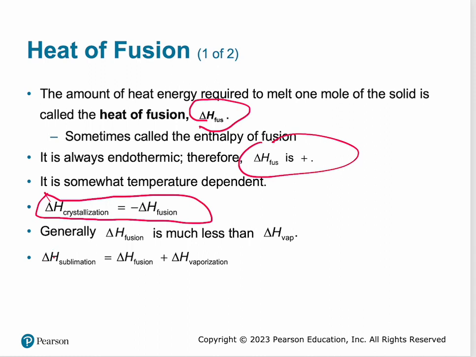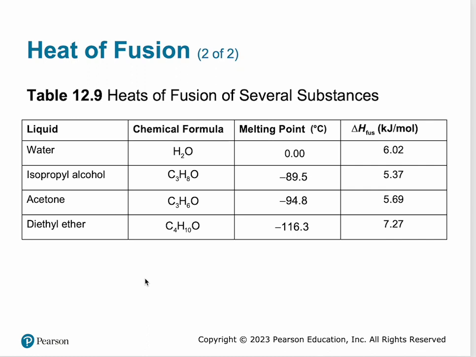And if you remember sublimation, delta H of sublimation is the sum of both of these, fusion and vaporization, because we have to melt it first to become a liquid, and that liquid becomes a vapor. So it's the sum of the two.